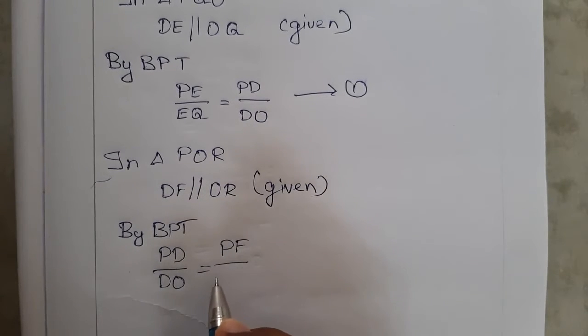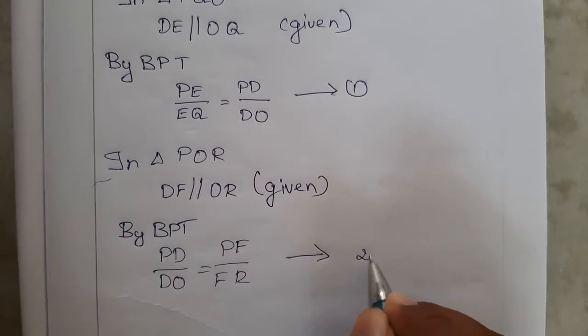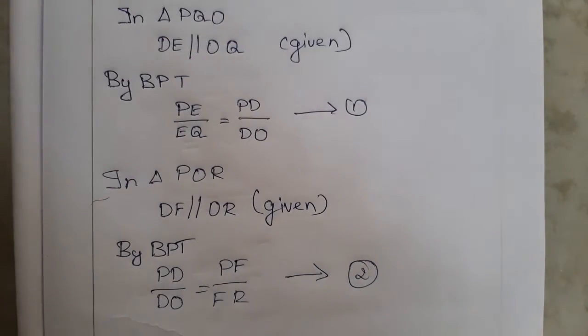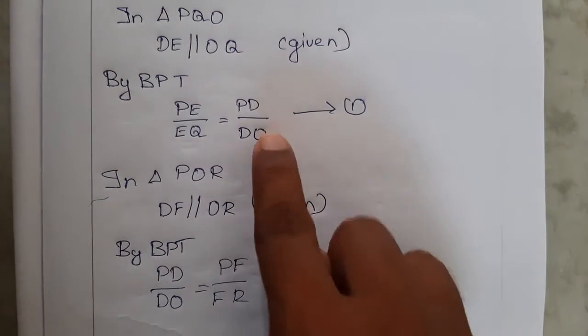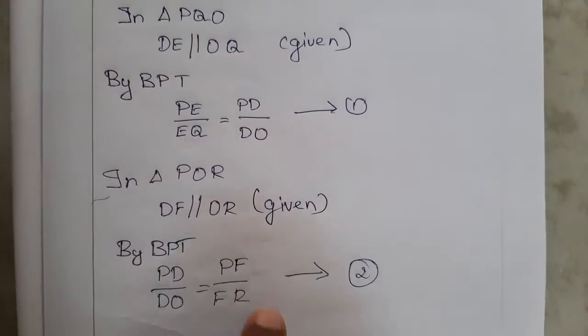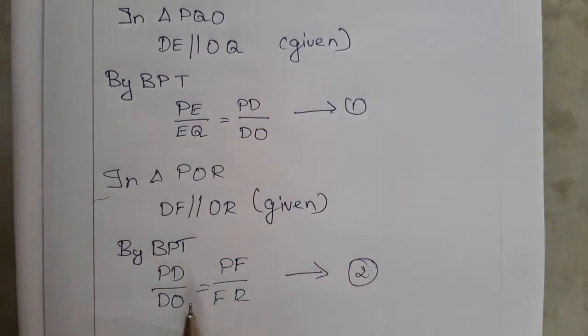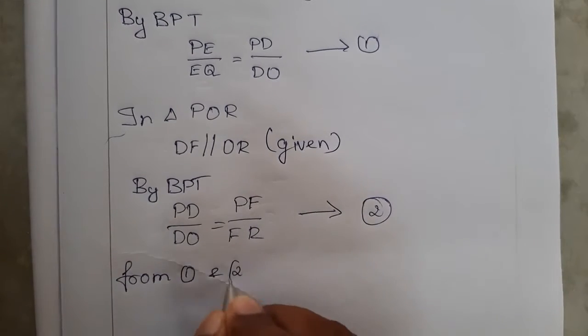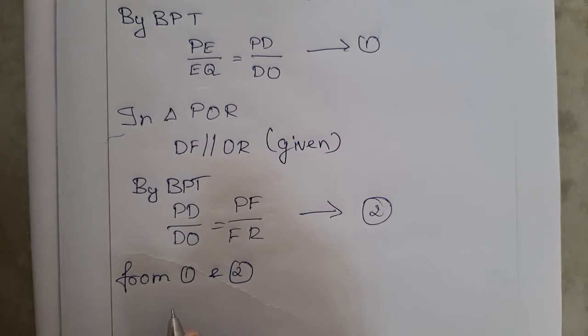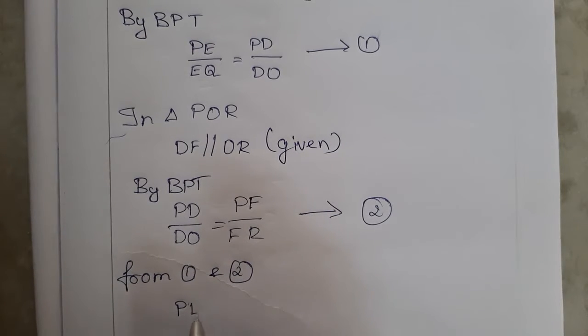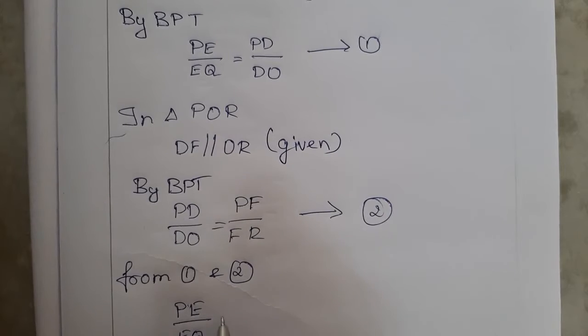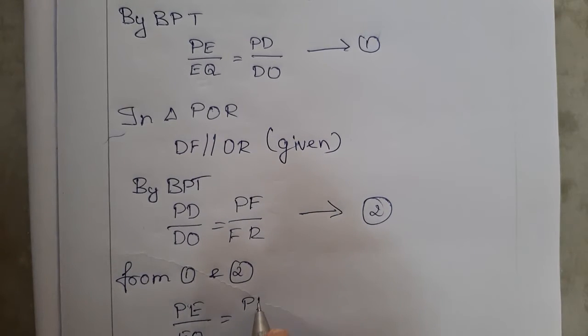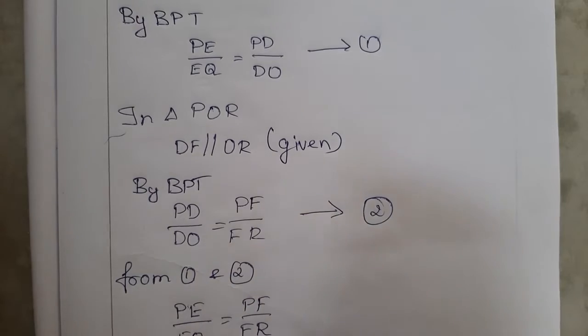So these two are equal. For comparing 1 and 2, you can see PD by DQ and PD by DQ. So these two will also be equal. We can say this is equal to PD by DQ, and PD by DQ is also equal to PF by FR. So these two are equal. So from 1 and 2, PE by EQ is equal to PF by FR, right?